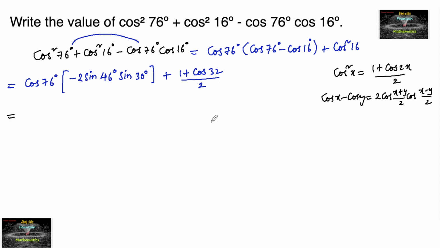So we can write here cos 76 into minus 2 times cos 76 into sin 46 into sin 30, whose value is 1 by 2, and again plus 1 by 2 plus 1 by 2 times cos 32 degrees.